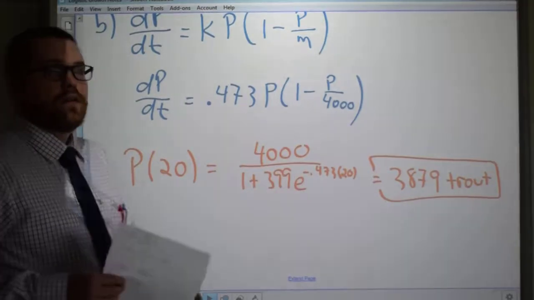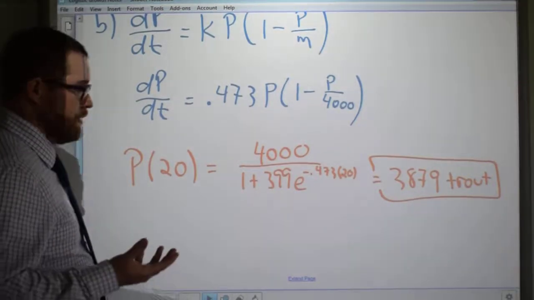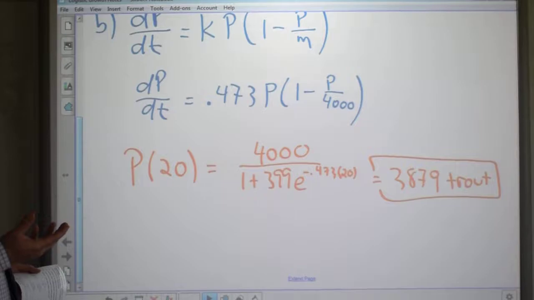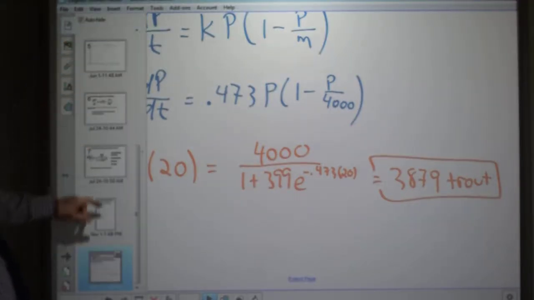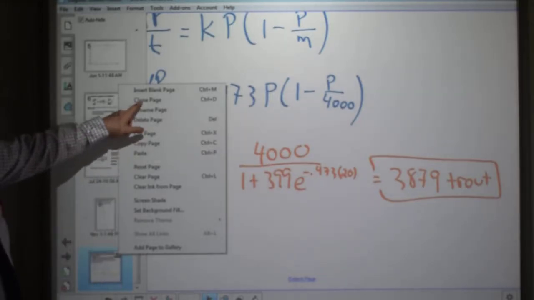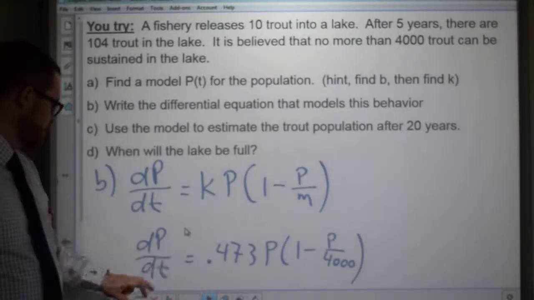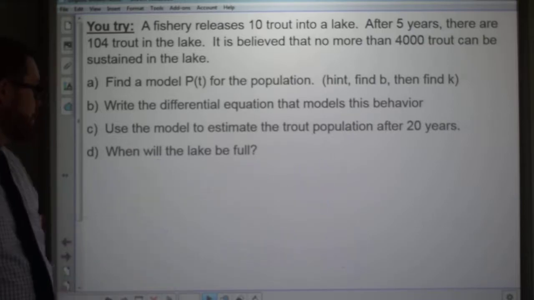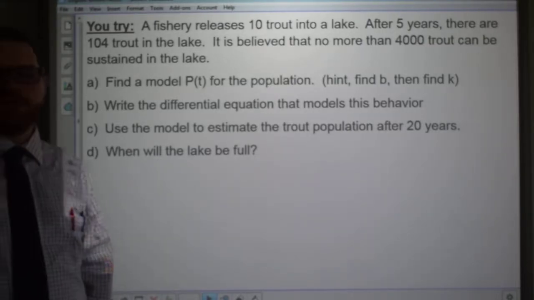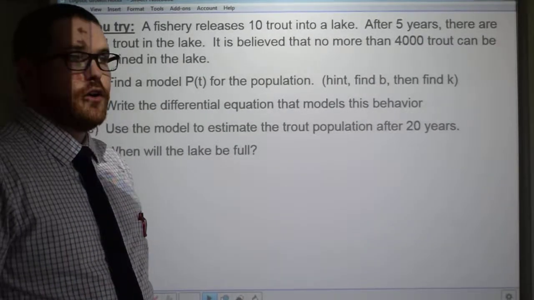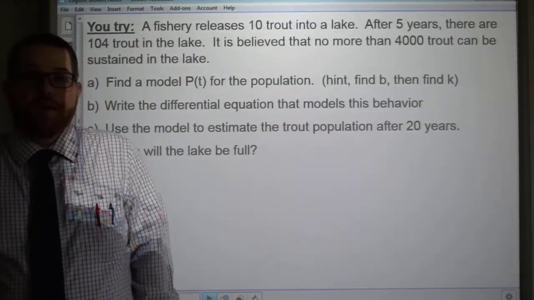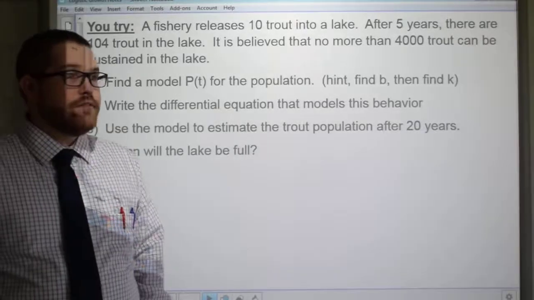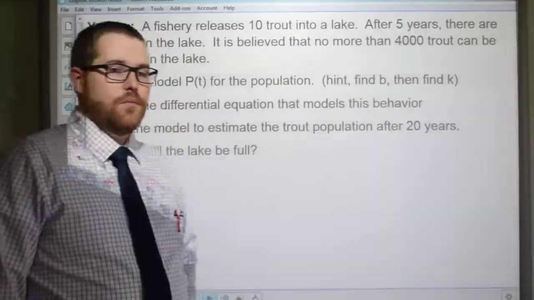So far we've found the formula, we have found the differential equation, and we've solved a very basic problem with it. Now let's do the hard one. When will the lake be full? Well, with logistic growth, theoretically you'll never hit 4,000. But in real life, the lake will get full to 4,000 at some point.